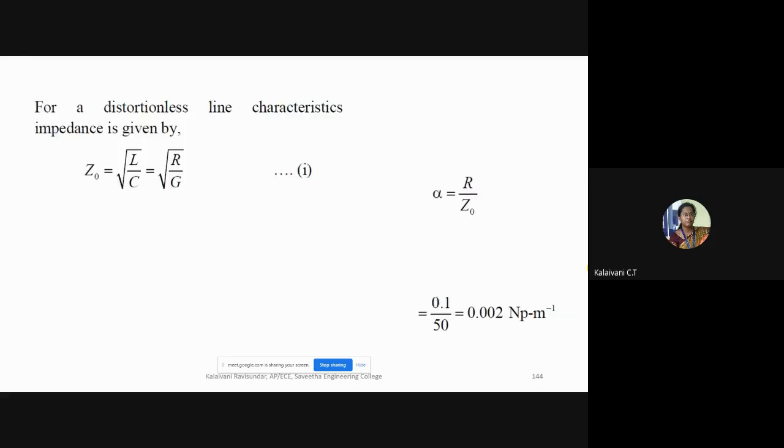Question is given. So for a distortionless line, Z0 will be equal to root of L by C, that will be equal to root of R by G. The propagation constant is root of RG plus j omega root of LC. Alpha is equal to root of RG and beta is equal to omega root of LC.